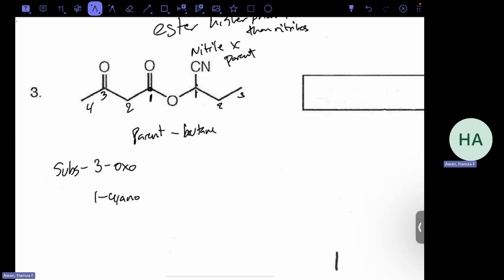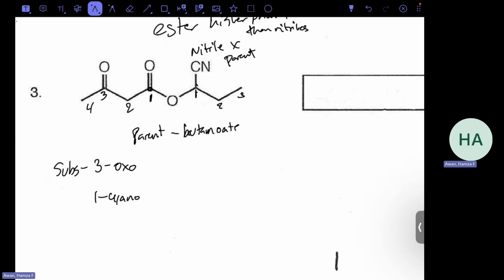So now we can finish naming the parent chain. We know that it's a butane, right? But for the naming convention for esters, we're going to change butane. We're going to drop the E and add O-A-T-E. So butanoate. That's going to tell us that we have an ester.